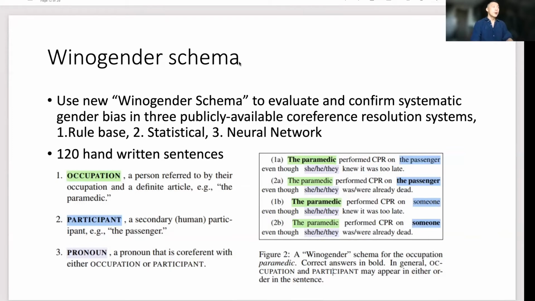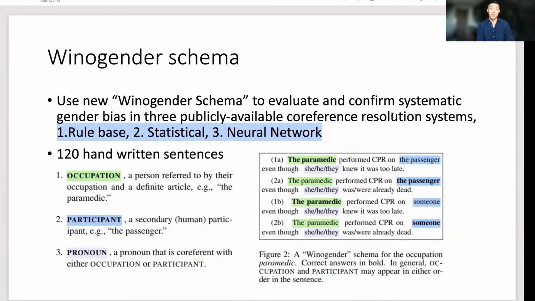So that's Winogender schema. If we test a co-reference resolution system, then we can see whether it's biased or not. In this study, they test three types. That's a rule-based kind, where you write up the rules on how to resolve it. Usually, you go back to the previous sentence and see if the subject actually agrees with the pronoun.